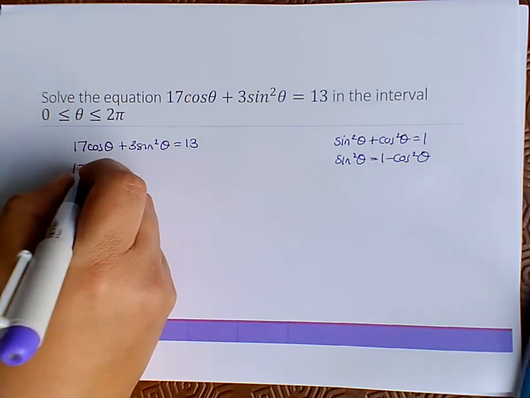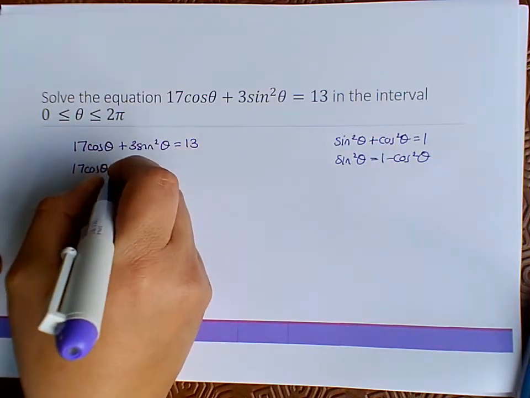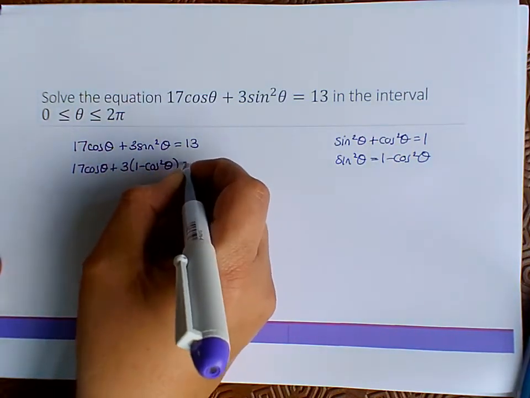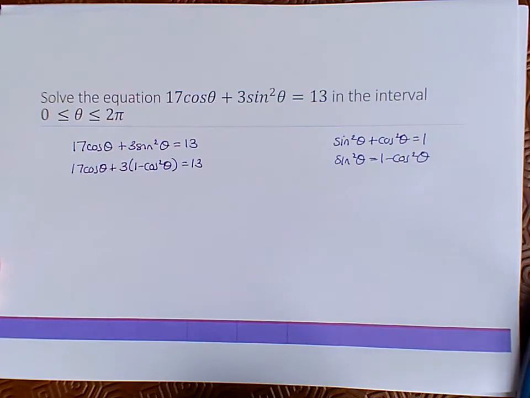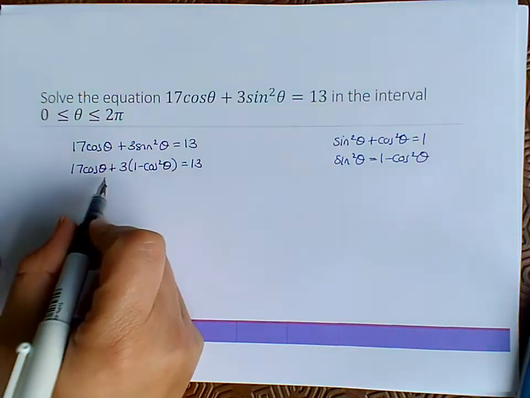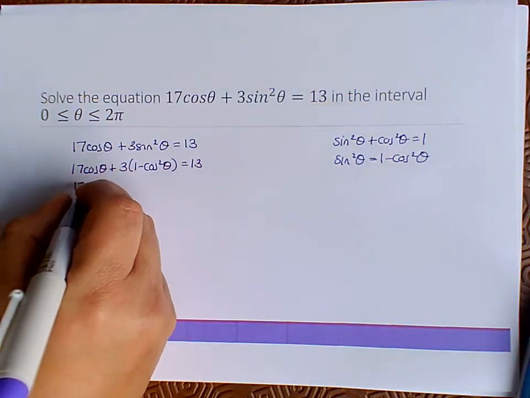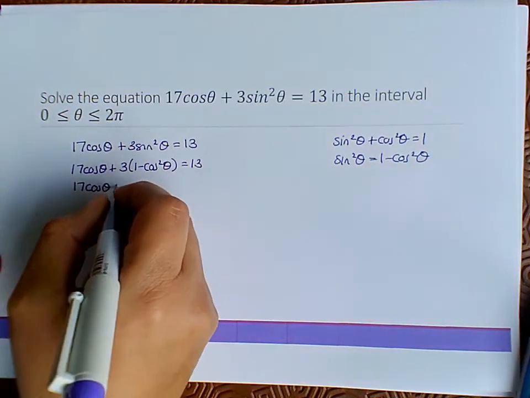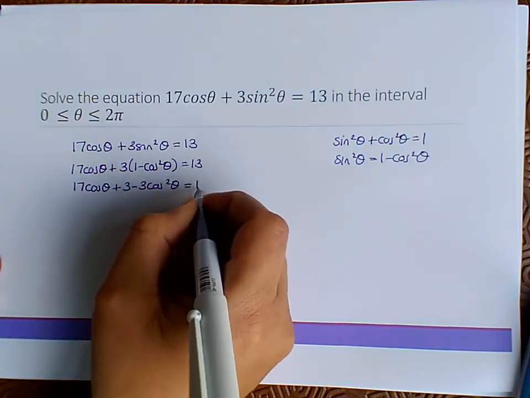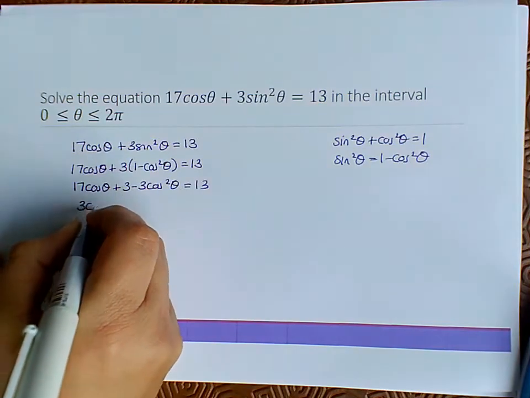And 17 cos theta, add 3 lots of 1 minus cos squared theta equals 13. So I then expand this and rearrange.